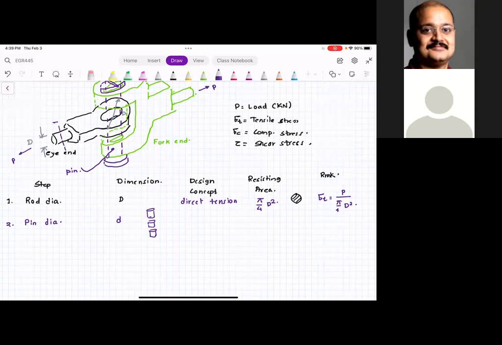So there are two areas. So design concept is double shear. The resisting area is 2 times pi by 4 d square. It's a circular cross section. So tau is equal to P divided by 2 times pi by 4 d square.